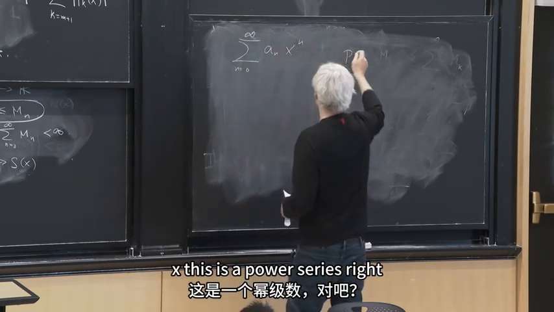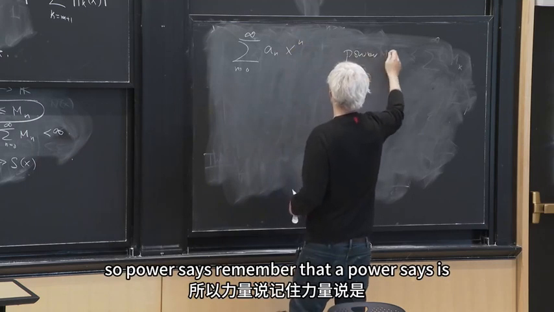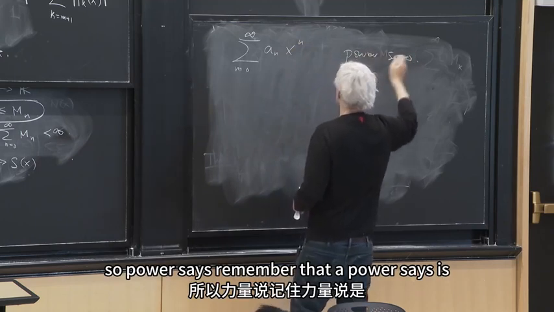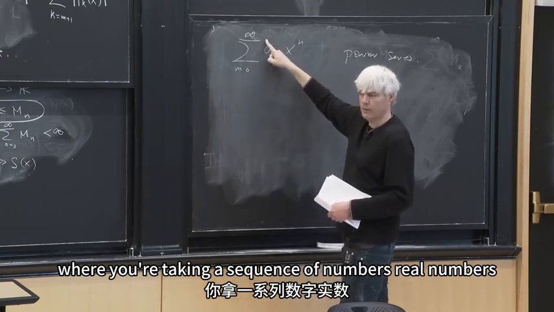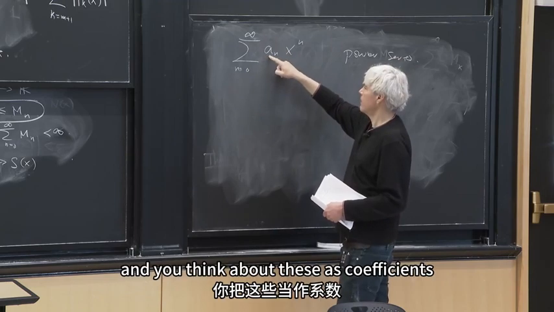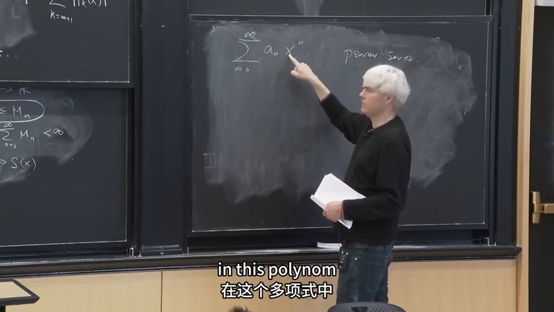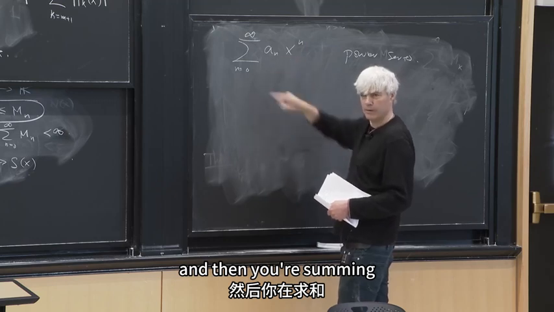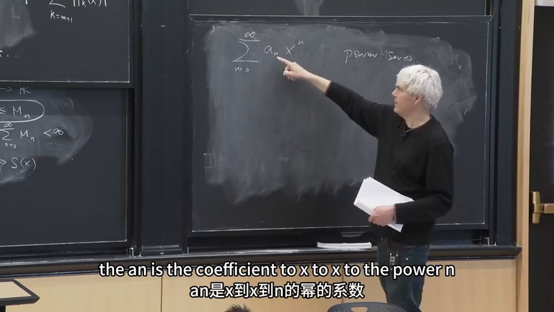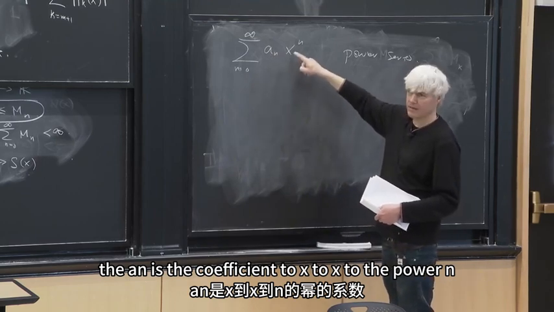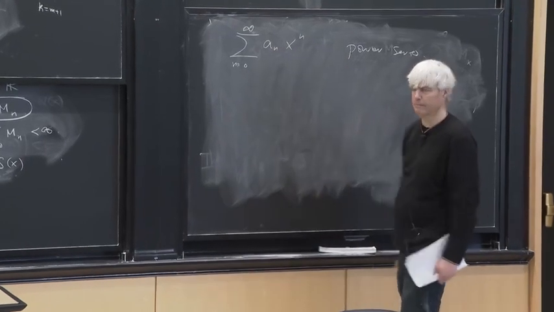This is a power series, right? Remember that a power series is where you're taking a sequence of real numbers, and you think about these as coefficients in this polynomial, and then you're summing over them. The a_n is the coefficient of x to the power n.